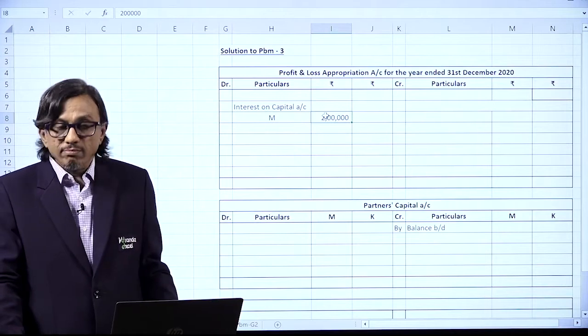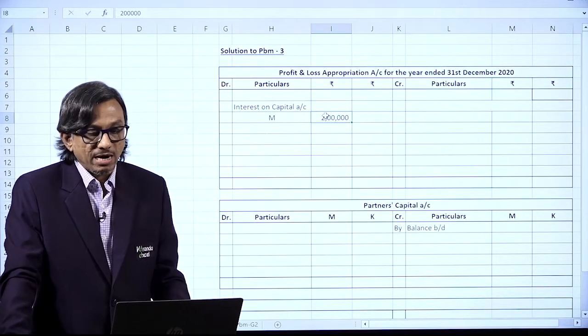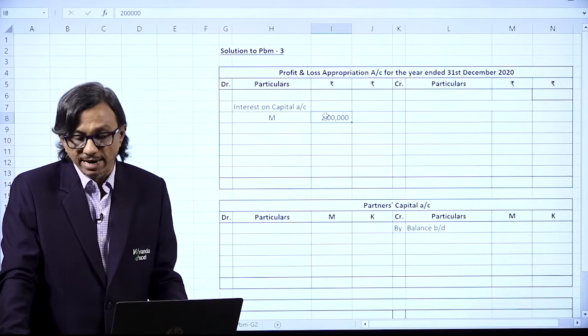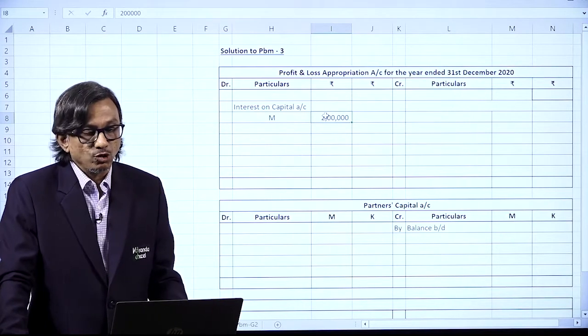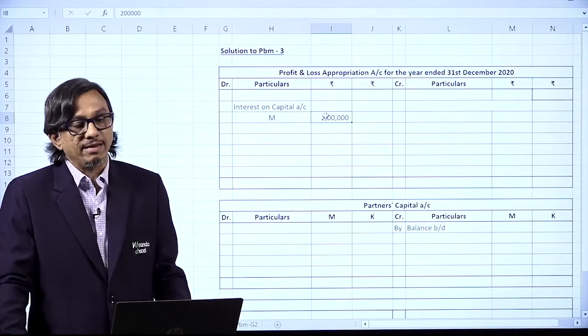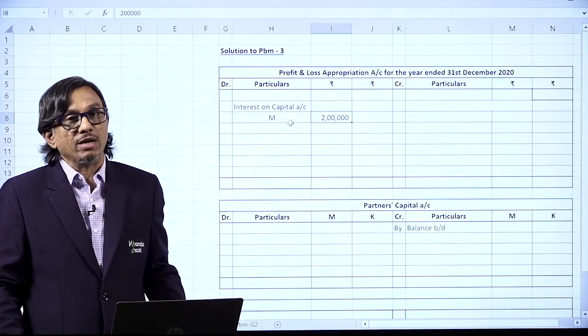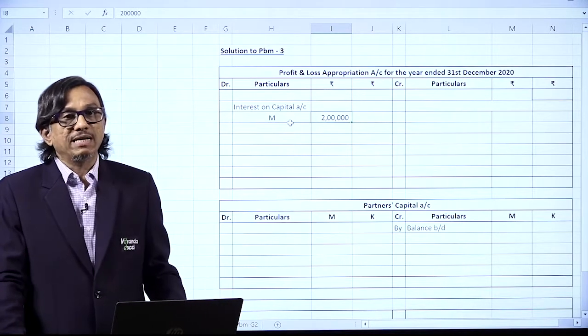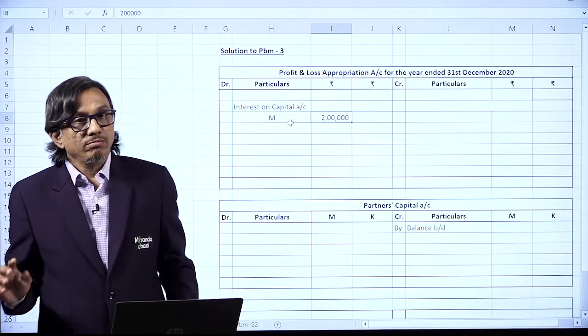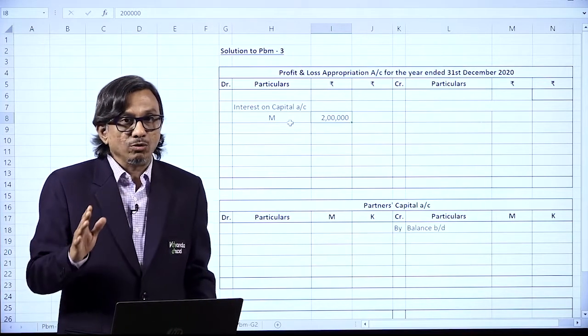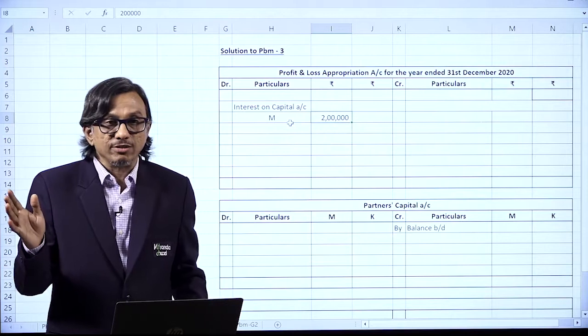According to the problem, interest on capital is to be allowed at 10% per annum. So if interest on capital at 10% per annum is 2 lakh, what will be the capital? You know, interest is equal to capital into rate.